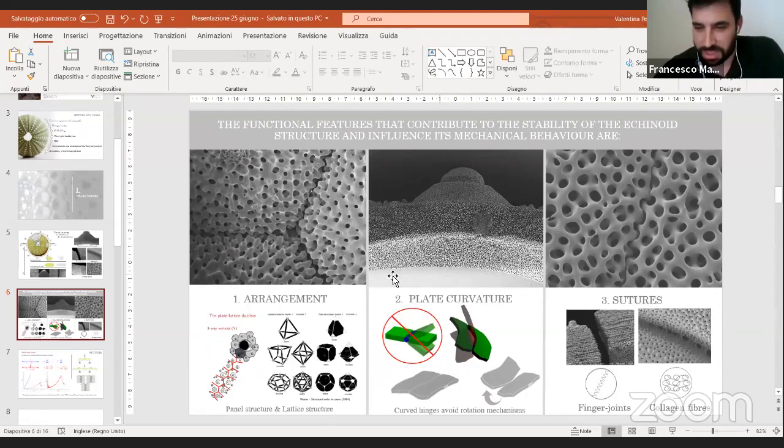Yes, we did the experiment on a living organism. It was a little bit rude, but we did the analysis in seawater, in order not to alter the mechanical behavior and properties of the real animals.